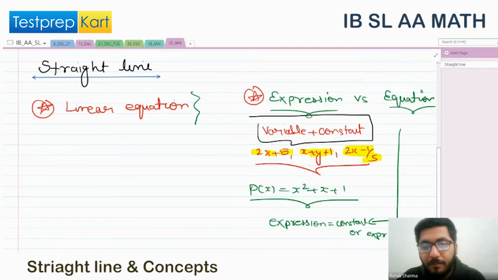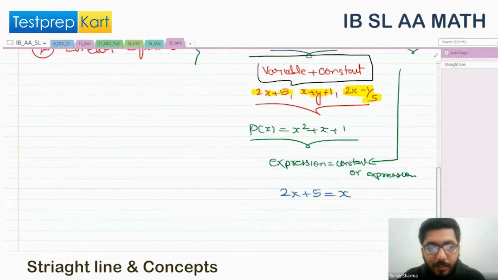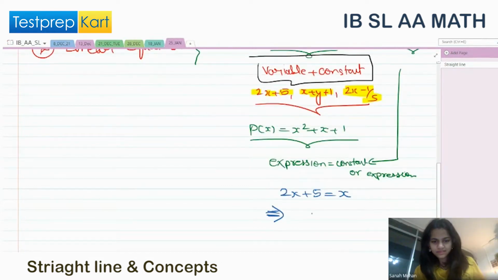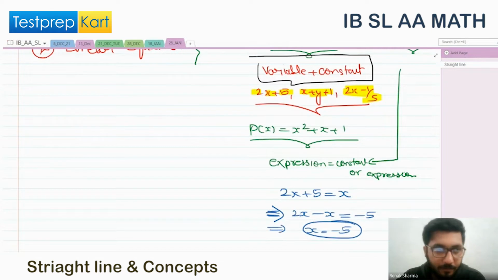Because let's say if I give you 2x plus 5 equals to, let's say, x. So can you tell me what is the value of x here? It would be 2x minus x equal to minus 5. So x equals minus 5, right? So we are getting x to be minus 5.